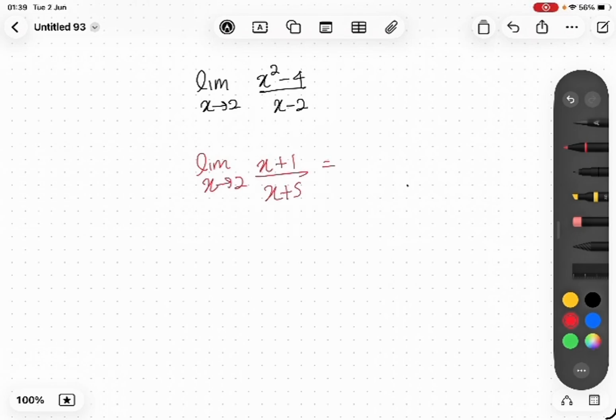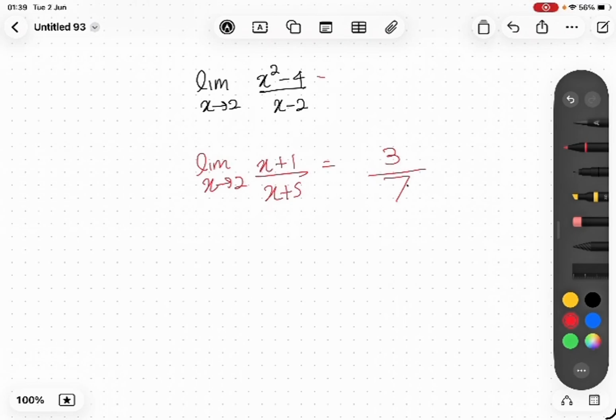Here we get 2 plus 1, which is 3, and 2 plus 5, which is 7. When x gets closer to 2, the numerator gets closer to 3 and the denominator gets closer to 7, so the whole fraction gets closer to 3 over 7. Like that we can directly substitute.